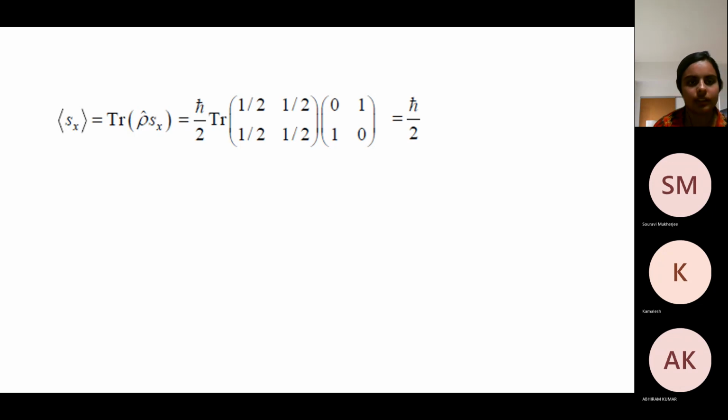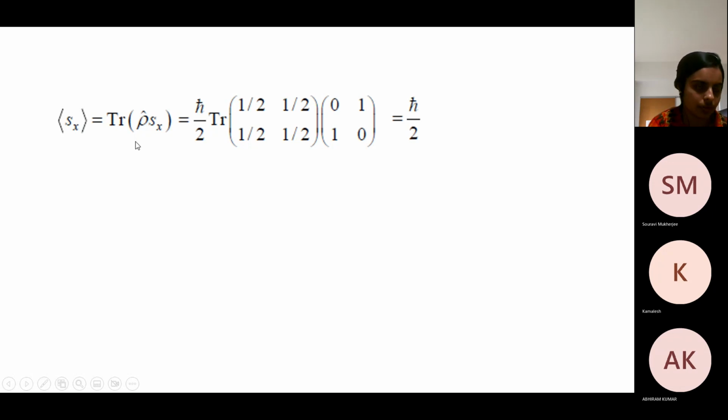Now, while you are trying to solve this, think physically again. You just learned that your system is in spin up state with respect to x. So when you do the expectation value, what you get is actually h cross by 2, which is the spin for the up state, right?